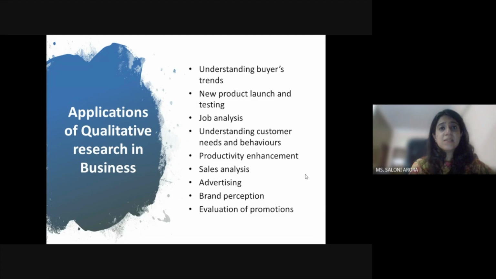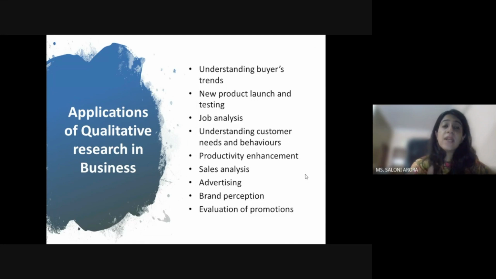Sales analysis. Why are my sales going up or why is there a downward trend in my sales? Why during the pandemic we've seen a surge in shopping, or why during the pandemic certain products have gained importance, whereas certain products have completely taken a back seat. If you're facing a downward trend, you need to come up with a strategy.